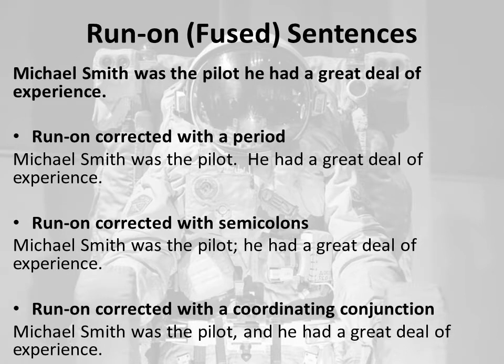You can also put in a coordinating conjunction as long as you have that comma before it: Michael Smith was the pilot, and he had a great deal of experience. So those are the three usual ways of fixing a run-on sentence.